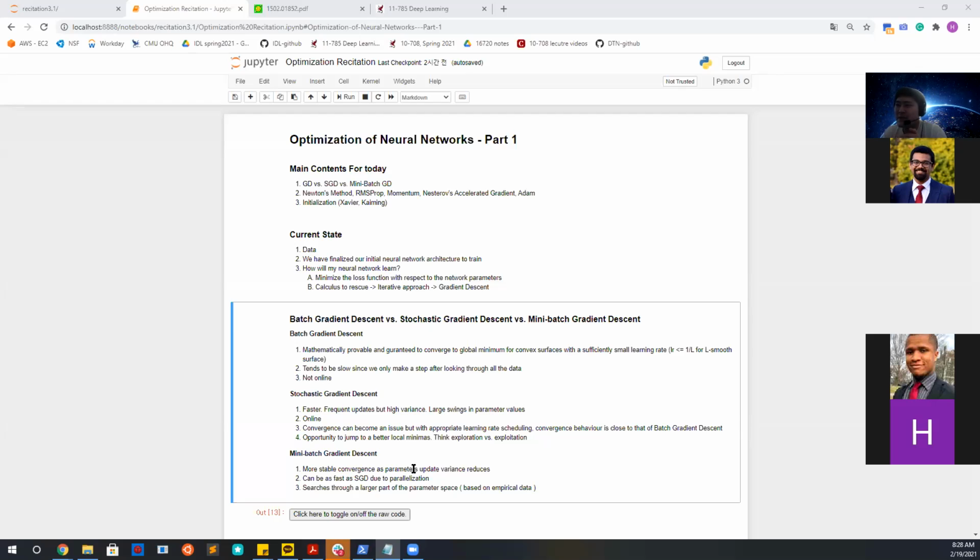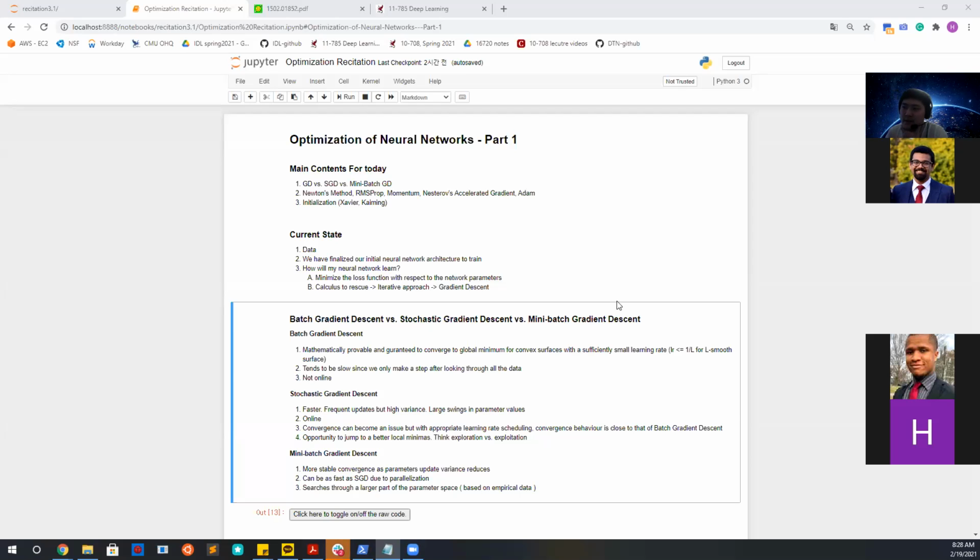There's this basic iterative approach of gradient descent, as you all know. We're trying to iteratively improve the network parameters to reach the minimum point of the loss function.